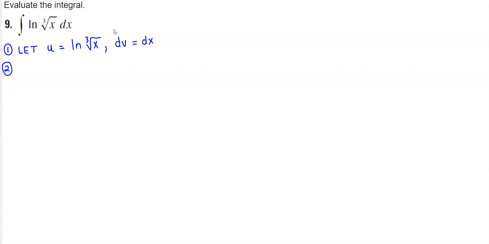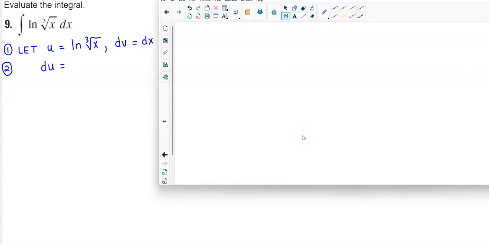And so therefore, what does du equal? So we need to take the derivative of the natural log of the cube root of x. So to take the derivative, we have the natural log of, again, the cube root of x. So we can rewrite this as the natural log of x to the 1/3.